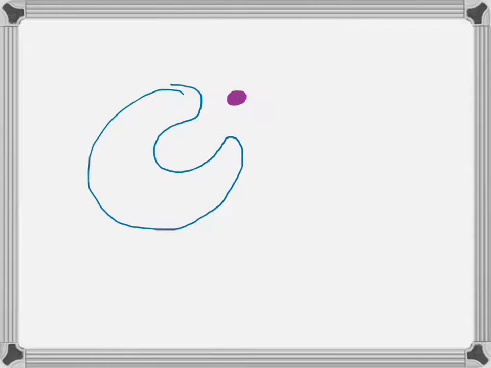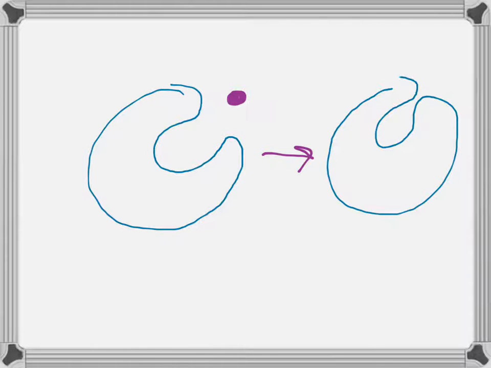If we have a non-competitive inhibitor that binds to this, it might change the shape of the protein in a way to actually close that active site and now make it inaccessible to that substrate. So this would be a non-competitive inhibitor, or allosteric inhibitor, we might call it as well. Activators, on the other hand, take closed active sites and open them up in order for the enzyme to now perform an activity.